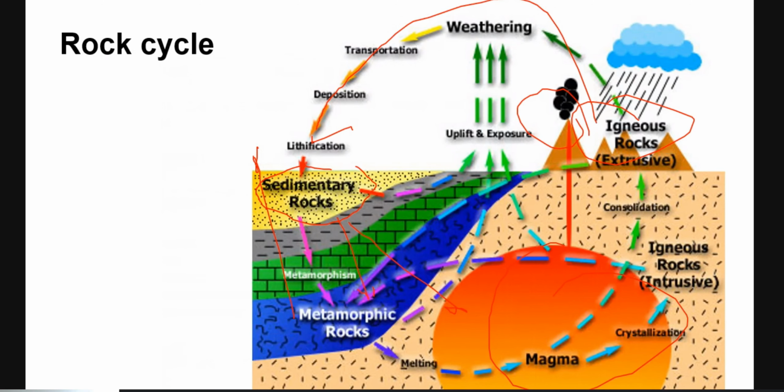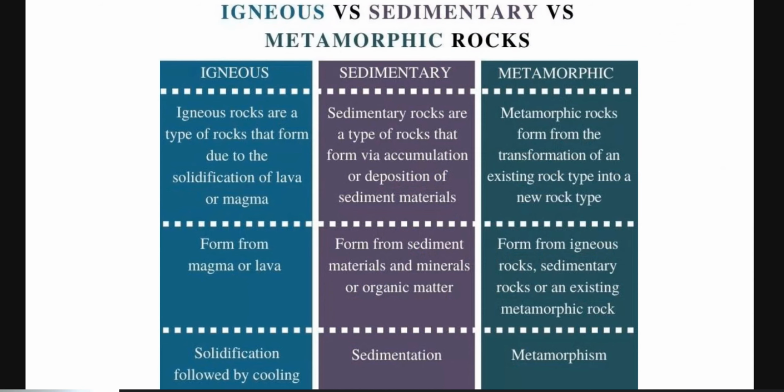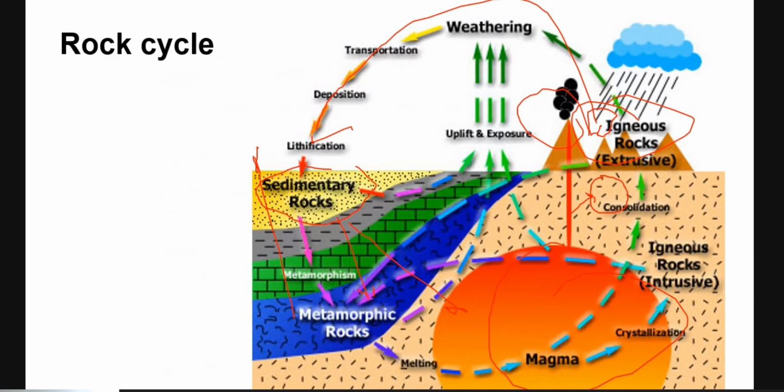Magma is what cools below the surface, and lava is what cools above the surface. These are two terms. So igneous rocks are formed by cooling or solidification of magma or lava.